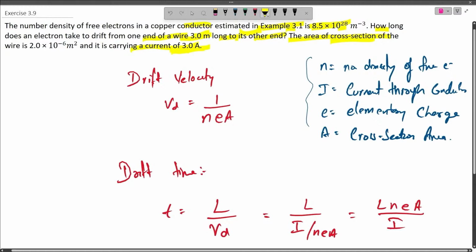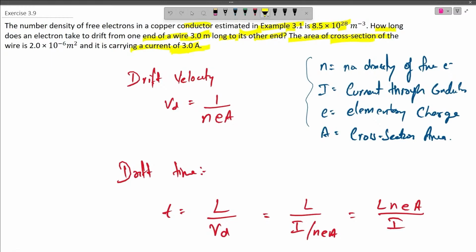In order to find out how long an electron takes to drift from one end to another, or the time duration that the electron will take to travel 3 meter given a current, we will have to calculate the drift velocity, and the time duration can be calculated by dividing the length of the wire by the drift velocity.